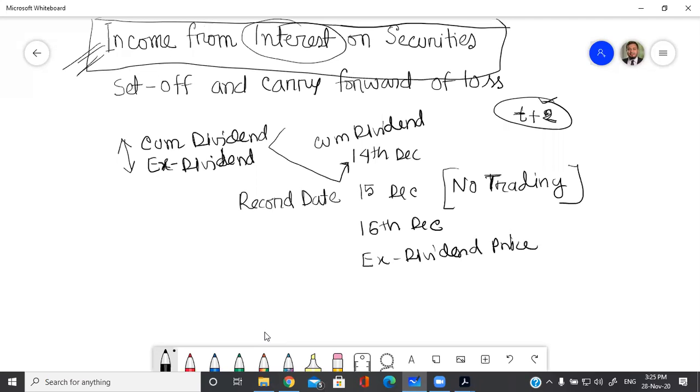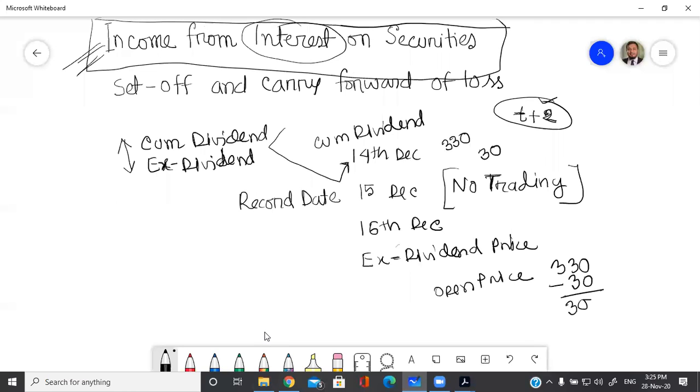Ex-dividend price. So what does it mean? It means that say Grameenphone was trading at 330 taka on 14 December. If the dividend that has been declared is, for example, 30 taka, then on 16 December, when the Grameenphone share opens for trading, you will see the open price adjusted like this: 330 minus 30.